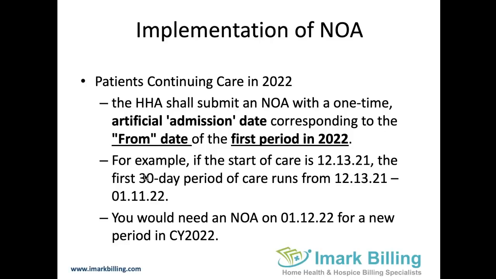The HHAs shall submit an NOA with a one-time artificial admission date, which corresponds to the from date of the first period in 2022. I know that may sound a little strange, so I wanted to give you an example, and in the next slide, I'm going to give you a visual version of it as well.